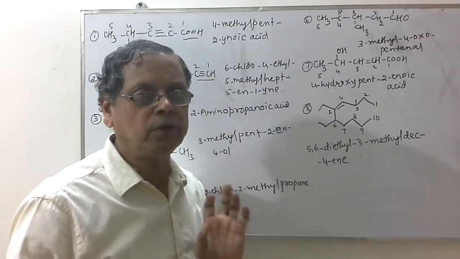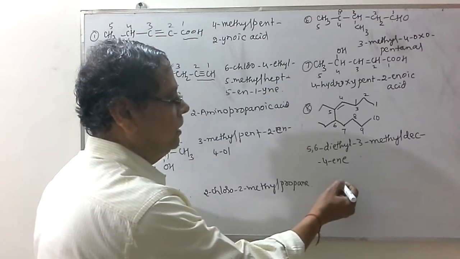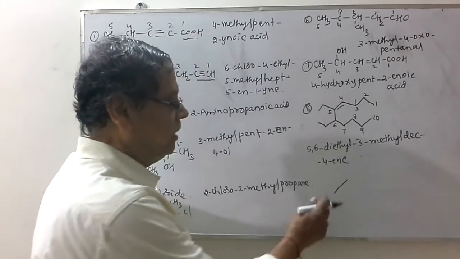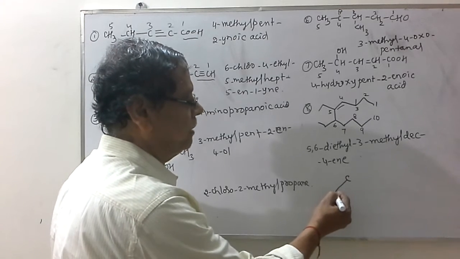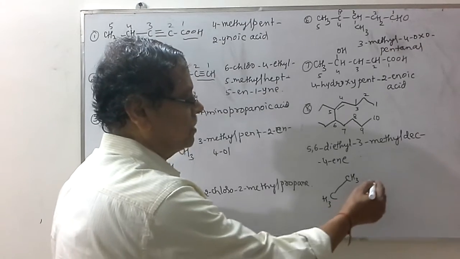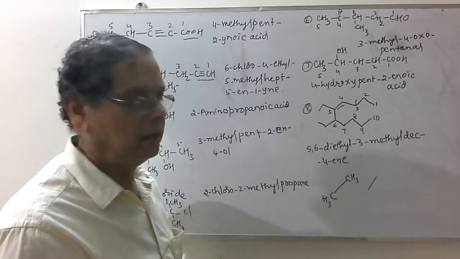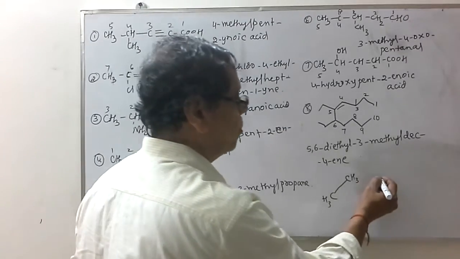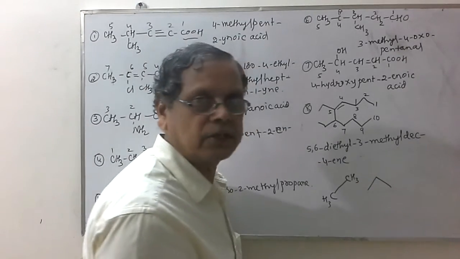One point I want to clarify here. Suppose in organic chemistry you indicate any line. At the end of each line you should consider one carbon atom with appropriate number of hydrogen atoms, like this. So simply one line indicates 2 carbon atoms. Suppose I write one more line like this.